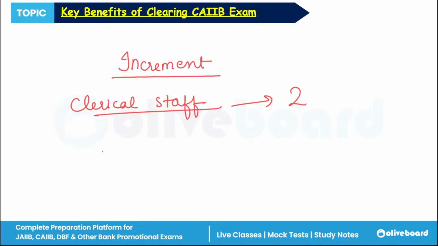And officers who receive 1 increment for the JAIIB will receive 2 increments for the CAIIB, and passing this CAIIB boosts professional development and improves the prospects for promotions in the banking industry.